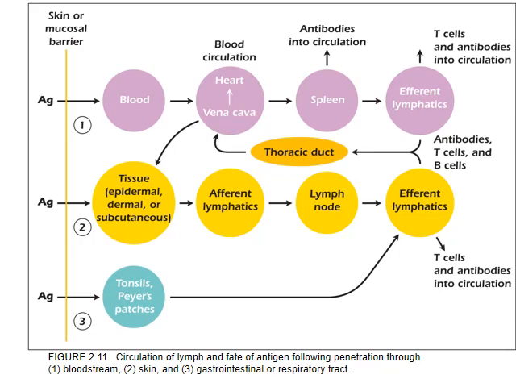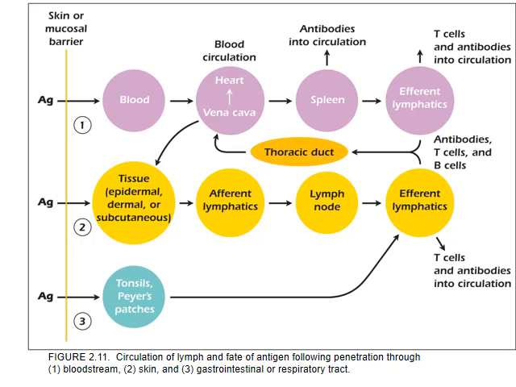The whole idea is that regardless of whatever route the antigen goes in by, via bloodstream, skin, or gastrointestinal, they will be together. They will end up in the lymph node, they will end up in the blood, and they will end up in the spleen. So there is a check and balance.